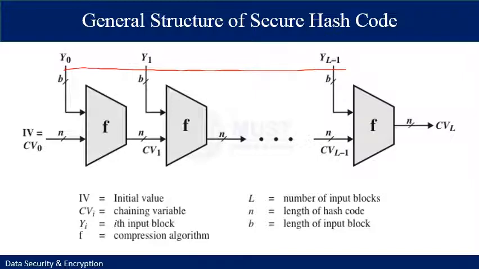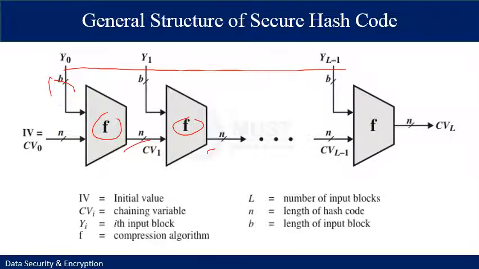The hash function involves the repeated use of a compression function, which is referred to as f. We will look at the details of f in later slides. It takes two inputs: the n-bit input from the previous step, called the chaining variable, and the b-bit block input.